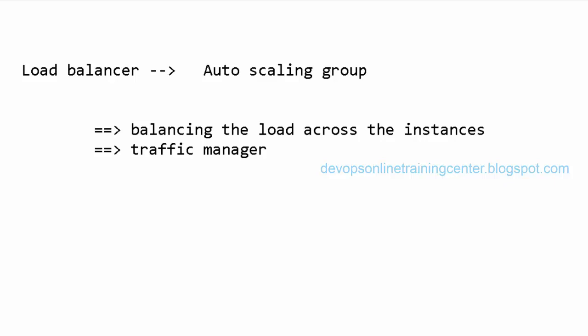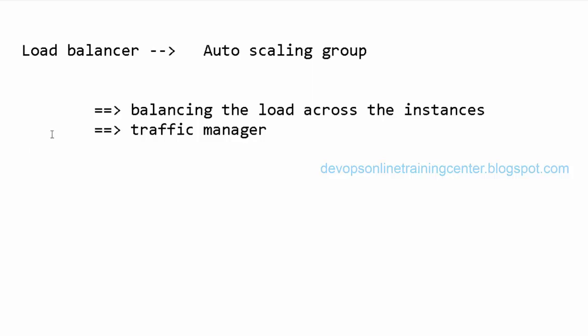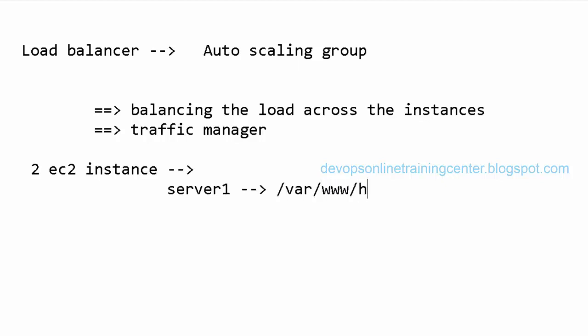We can see this by creating two EC2 instances. In one server, let us say server 1, in www.html index.html, I'll just write it as server 1.